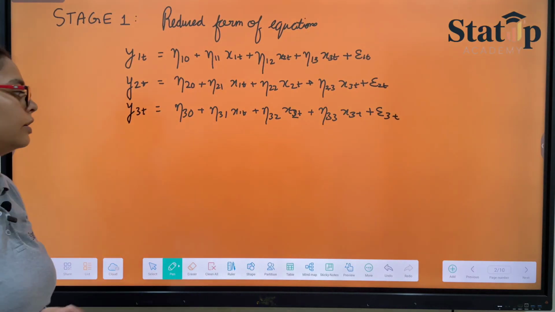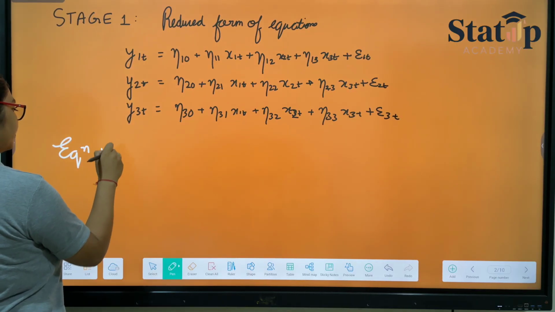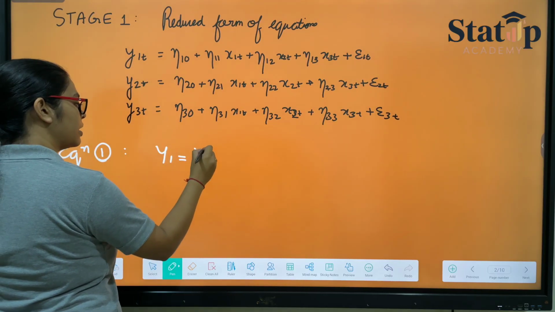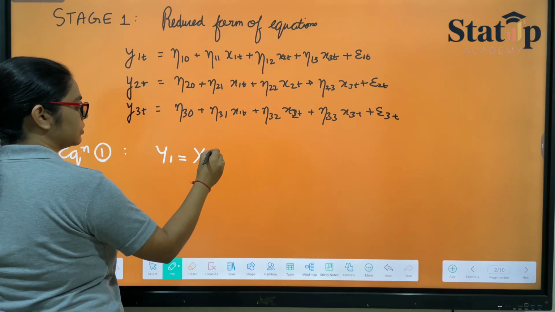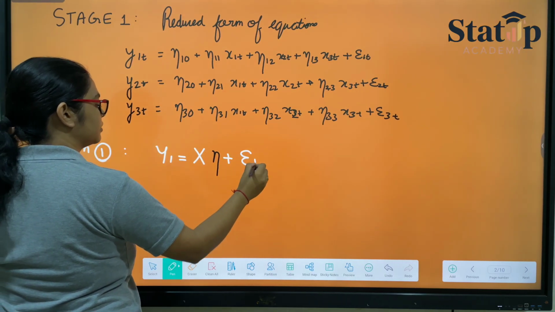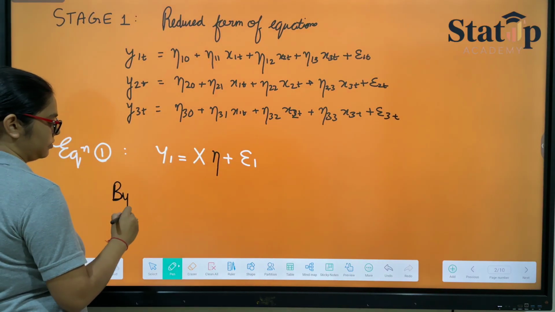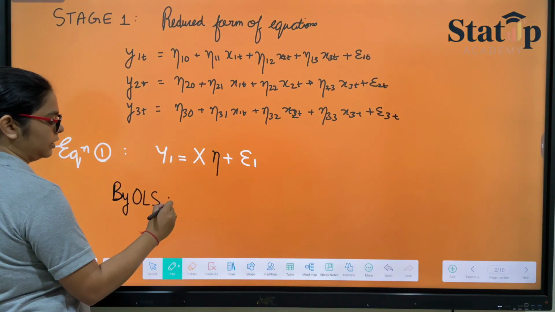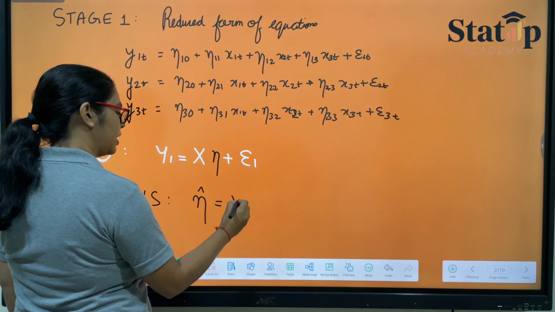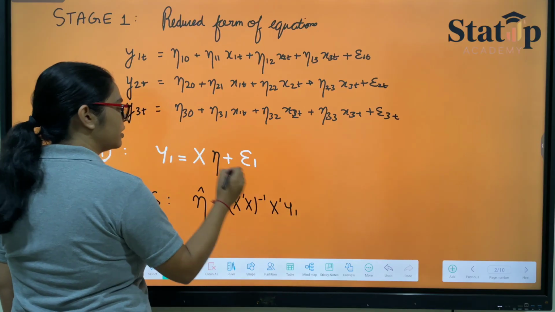Now how will we find the values? Consider equation 1: y1 equals x eta 1 plus epsilon 1. By the OLS method we will be able to find eta 1 cap, which is nothing but x dash x inverse x dash y1.